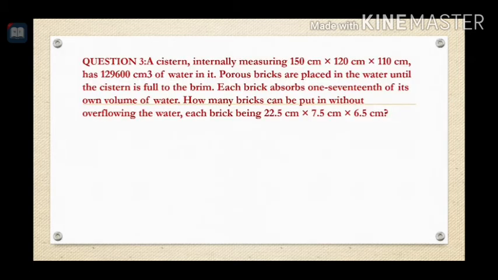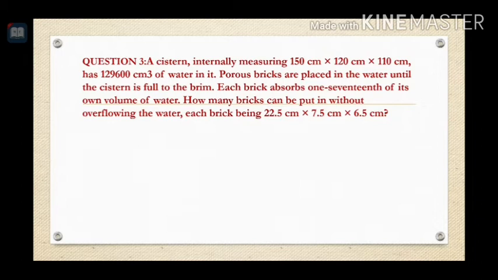Now the next question. A piston internally measuring 150 centimeter into 120 centimeter into 110 centimeter has 129600 centimeter cube of water in it.